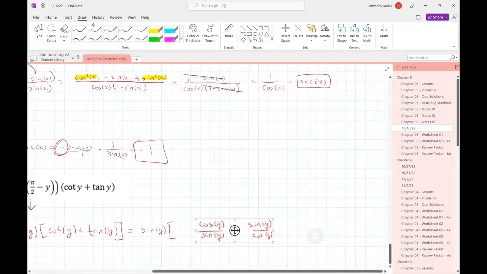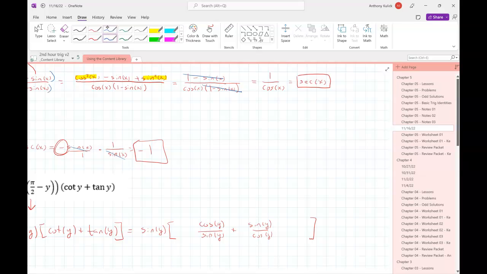And now that I have these fractions, what do you think I should be doing? I can't reduce because it's not a multiplication symbol, but I can make a common denominator. What would the common denominator be between these two fractions? Sine y times cosine y. So the first fraction I'm going to multiply by cosine y over cosine y. And the second one by sine y over sine y.